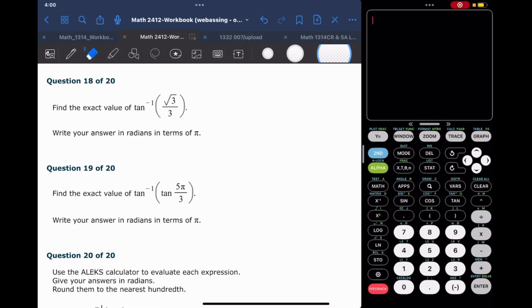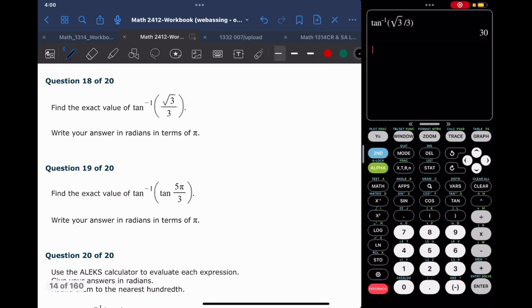So this is all calculator. I like to just keep everything in degrees and then convert back to radians in this case. So we're going to press second, tan, and then it's square root of 3 over 3. We're going to get 30 degrees, but it wants it in radians. So my answer is 30 degrees, but that's equivalent to pi over 6.